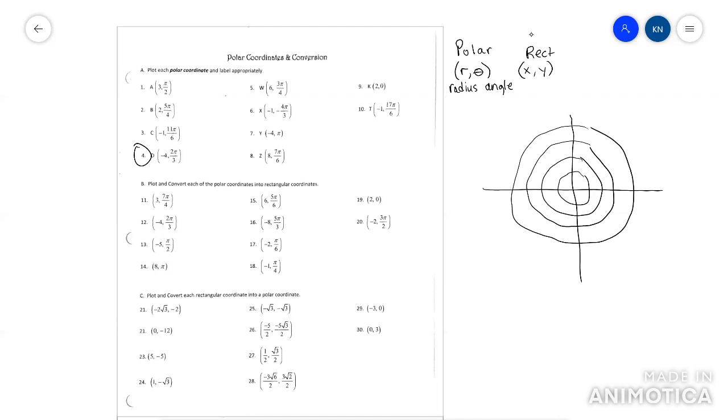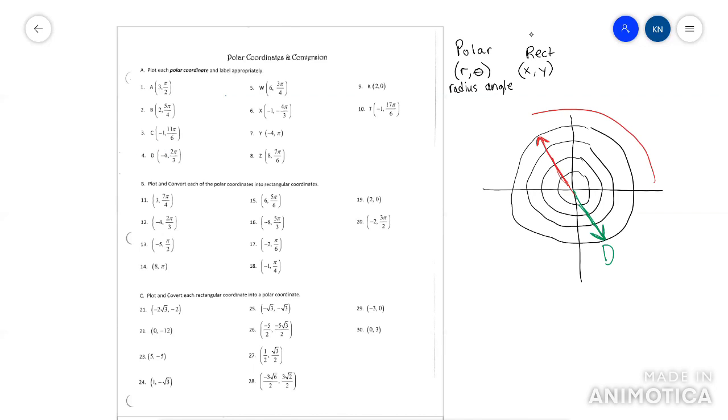Now I would do my regular 2 pi over 3 rotation, which is going to put me in quadrant 2, here. So if it was a positive r, that's where it would be. However, it's a negative 4 for that r, so you have to pivot off of this spot 180 degrees. And that's where you actually end up for that point.